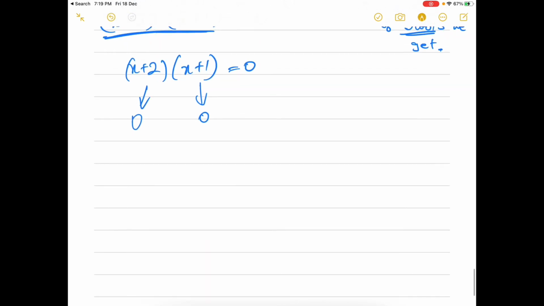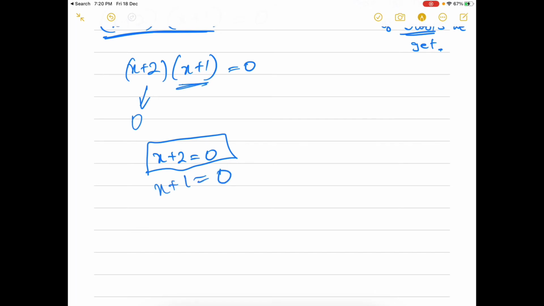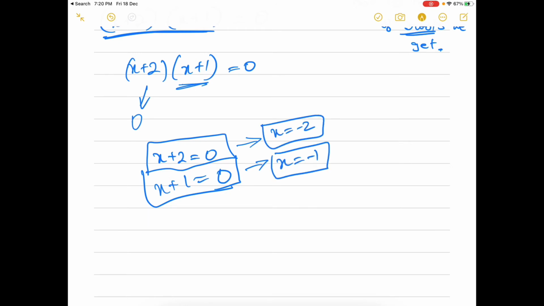So this is a linear equation, x plus 2 is equal to 0, and x plus 1 is also equal to 0. So x can either be x equals minus 2 or x can be minus 1. So these are the two roots of the equation.